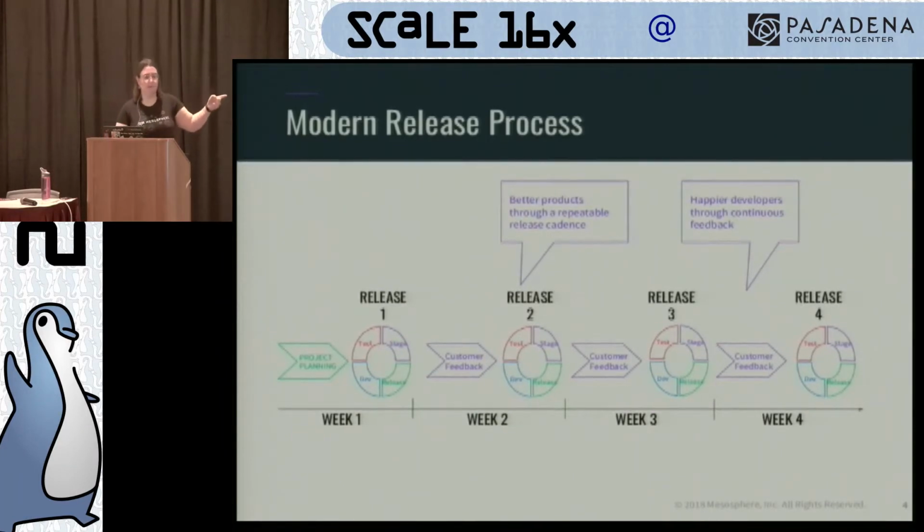And then immediately, once you release your software, you can get customer feedback. So that's like the week of the release, you immediately get customer feedback. And then the next week, you're still working on things and still making releases to customers. And so you can continue to get that feedback. So the customers are happier because they're getting their features more quickly, or at least getting to try out some of the things in your software at a faster pace.